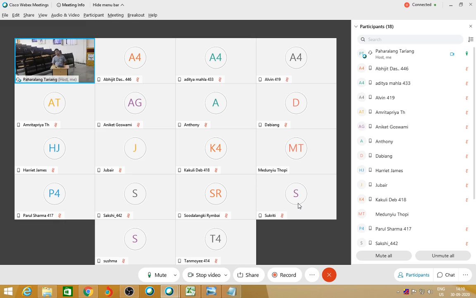Suppose the person is obese, has a lot of fat, and you make a stoma low down, then the person will not be able to see the stoma or maintain it. It should not lie in the belt line, because he cannot wear any pants if it is in the belt line, so it has to be above the belt line.